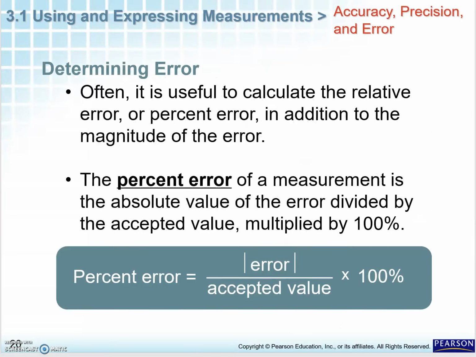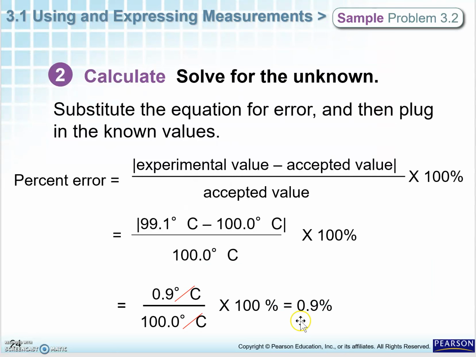And when you were to put that into your calculator, you would get 0.9%. All of the work is also in your PowerPoint if you'd like to go over it at any point. So you are able to say that you are only 0.9% off of the correct value, which is pretty good. So we'll be using that at some point in our labs as we go along throughout the year.